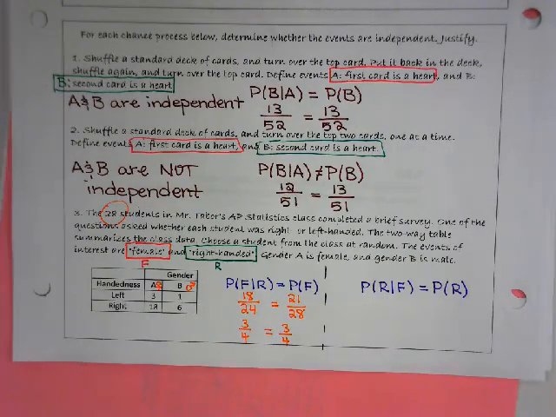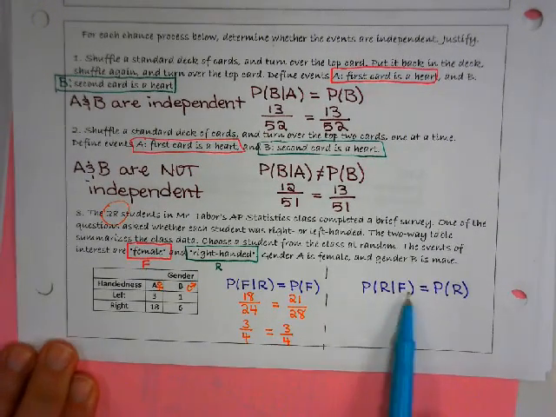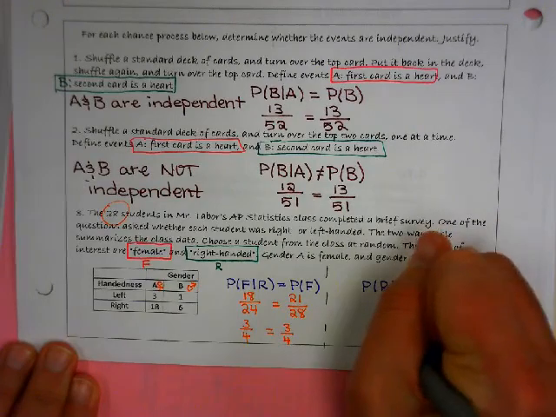Now I'm going to show you that it would have worked if we did it the opposite way too. So probability the student is right-handed given they're a female. There are 21 females. Of those 21 females, 18 of them are right-handed.